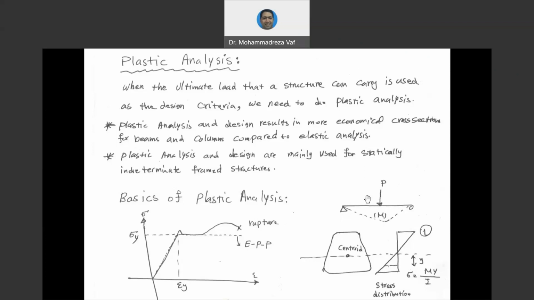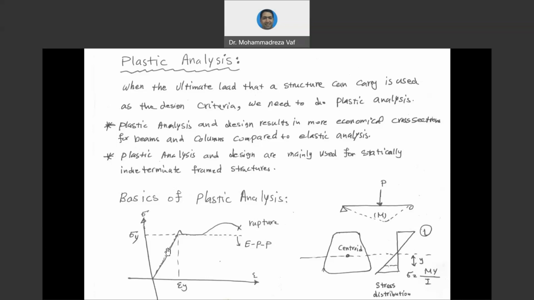The cross-section of this beam can be any shape. We assume that it may look similar to what I have drawn here, but it can be a circle, a triangle, a rectangle, an I-shape or any other shape. So our job is to draw the stress diagram inside this cross-section.